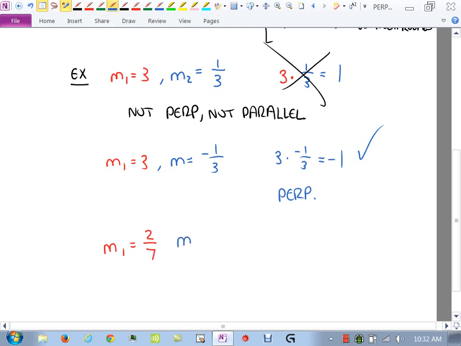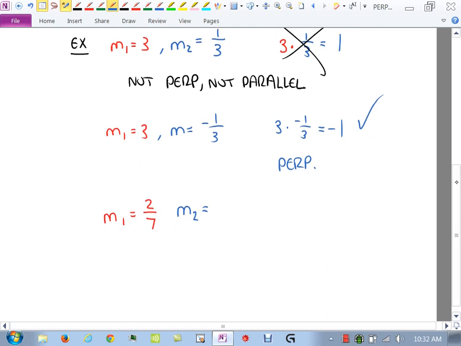You tell me, what would M2 have to be here if I wanted these to be parallel? 2/7. What if I wanted them to be perpendicular? -7/2.